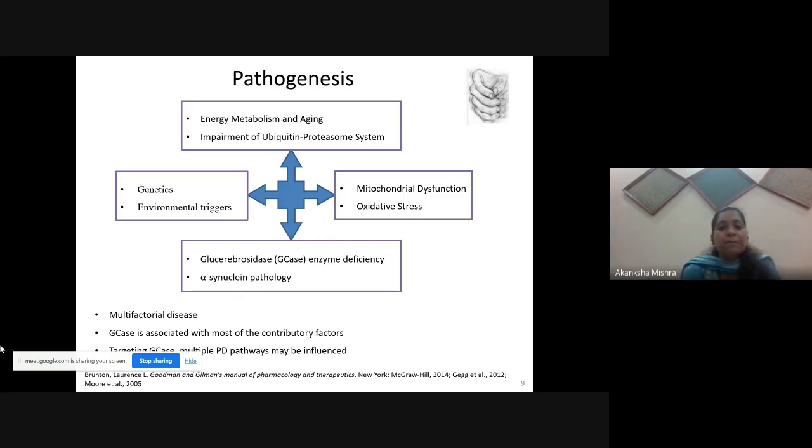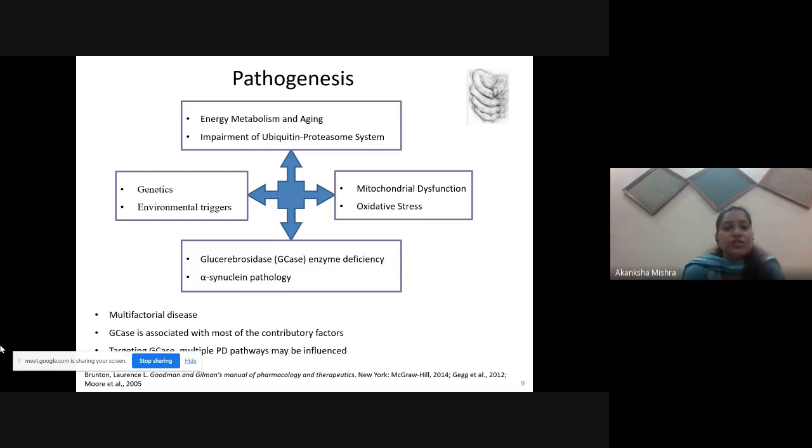Apart from that, impairment of the ubiquitin proteasome system. This system is involved in the degradation of dysfunctional protein. But as the age goes by, or in PD patients, there is impairment of this system. So that is why those subjects are prone to PD. Then genetics, several genes are involved in Parkinson's disease, for example, alpha-synuclein.